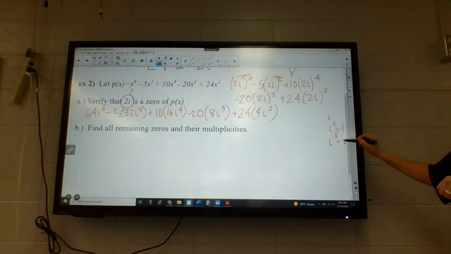I want to multiply to get 6 but add to get negative 5. Negative 6, I mean, and negative 1. Wait, negative 6. Yeah, negative 3, negative 2. They both have to be negative because of the positive 6, but then we want to add to get a negative 5. All right, so what are our solutions? 3, 2, 0 twice, right? Yeah. And then we also had those other zeros as well.